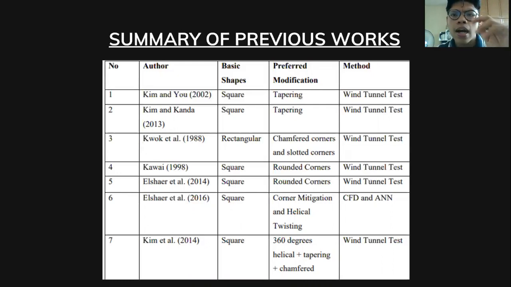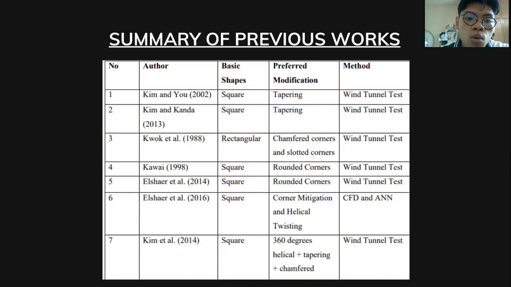Tapering is basically, from the original shape, it just goes slender. It is bigger at the base, but it becomes more slender as you go uphill. Kim and Kanda also made a tapering modification.